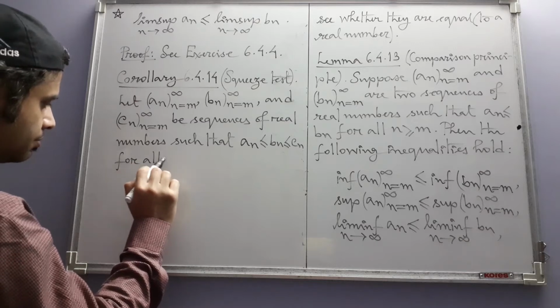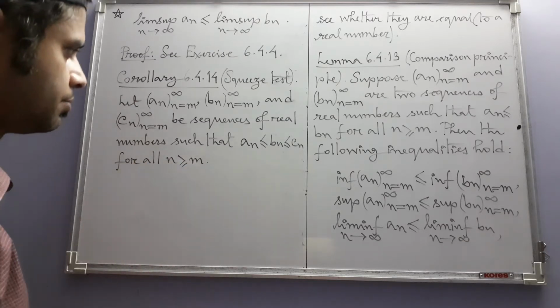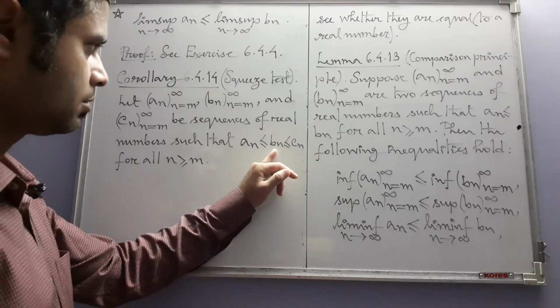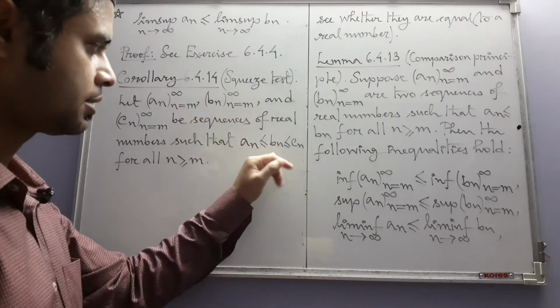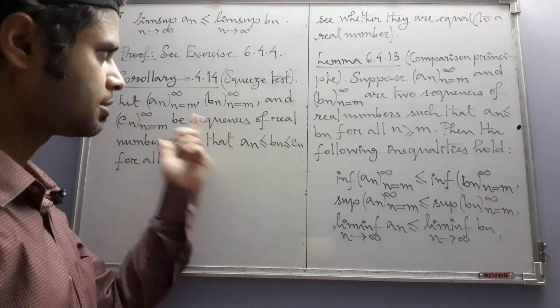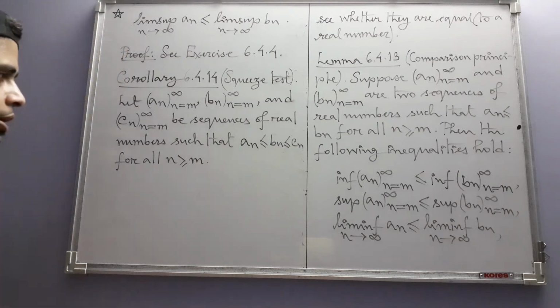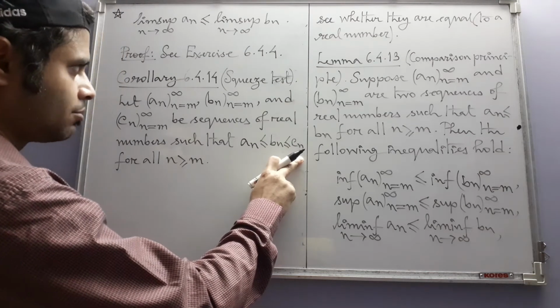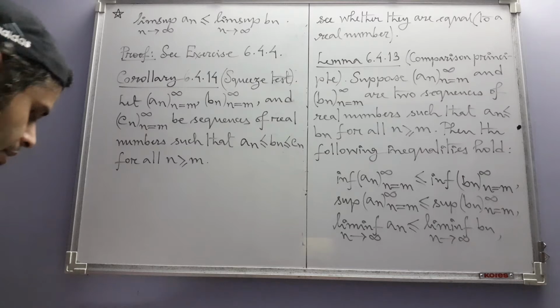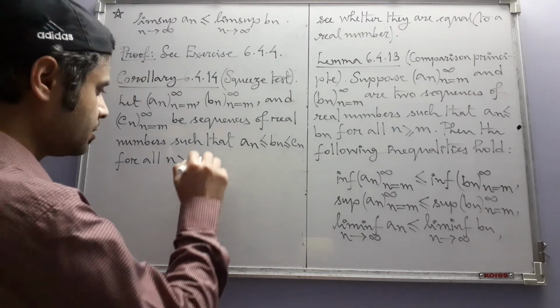So the terms of the sequence b_n are sandwiched in between the corresponding terms of the sequences a_n and c_n, or squeezed in between them. Now if these two sequences converge, then they will force the intermediate sequence to also converge.